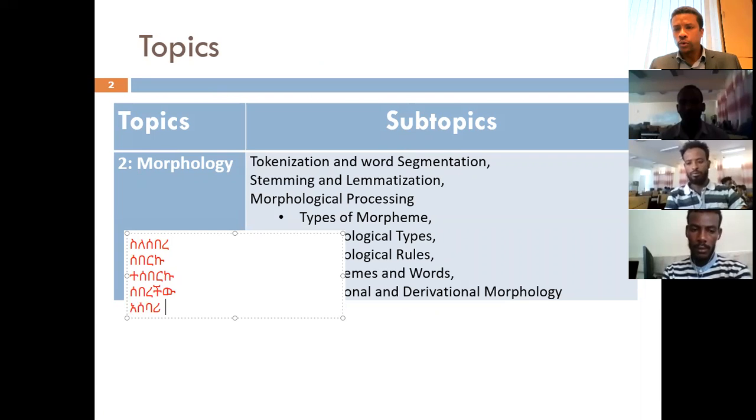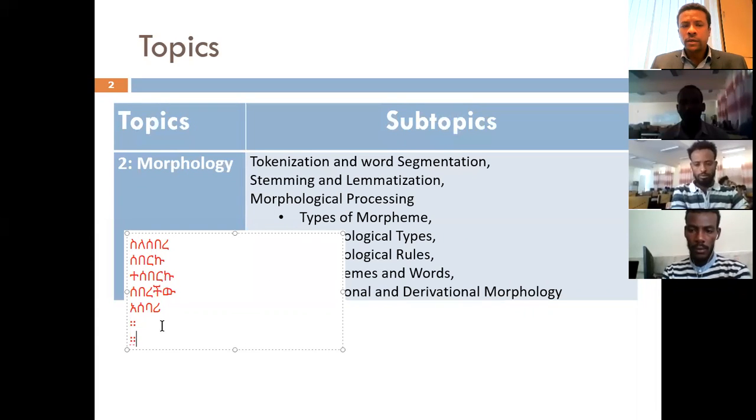By the way, we can have thousands of such words in Amharic. If you see all these words, all of them are derived from the same word, sabbar, which is the action of breaking. So the task of stemming is to reduce all such variants of a word to the same root or the same stem. And this is very important in computational linguistics, information retrieval and natural language processing.